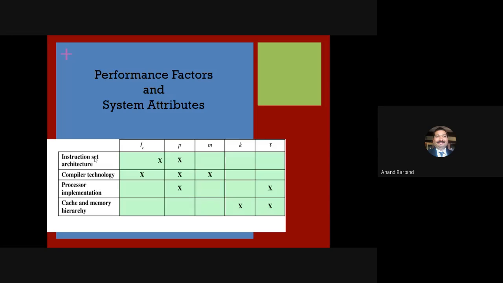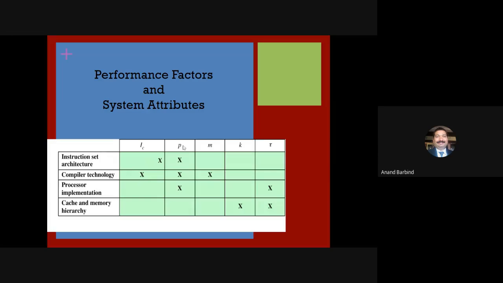In some processors, the instruction set may be complex, and because of that, the number of instructions required may be less. But in some computers, each instruction may be very simple, and though the instructions are very simple, the number of instructions required, that is the overall count, may be high.